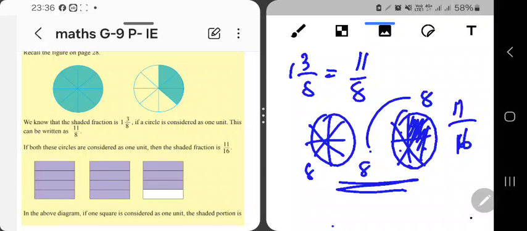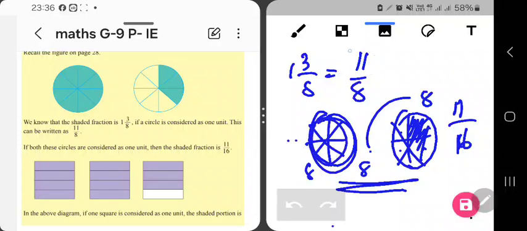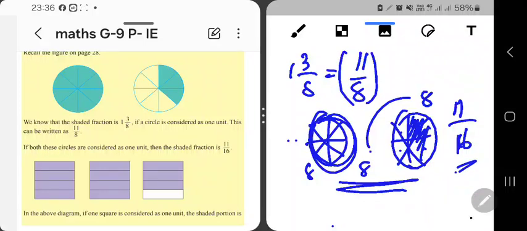So that's why 8 and 3 becomes 11. Answer is 11/16. But considering one circle as a unit, the fraction becomes this instead of this. So 11/16 becomes the fraction considering both the circles as 1 unit. So that part I believe you understand clearly, right?